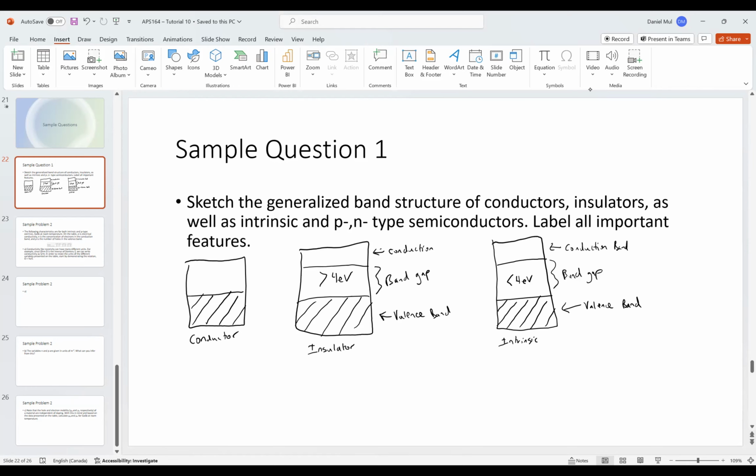And we have this is the P type. It has an acceptor level.